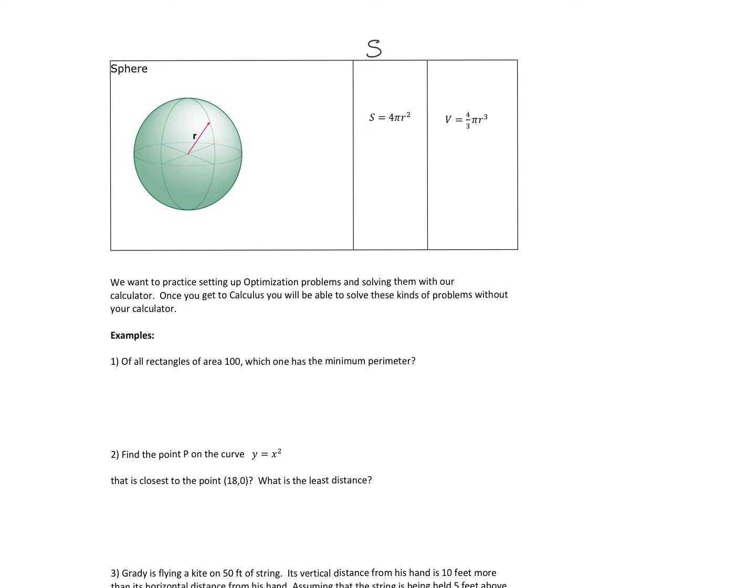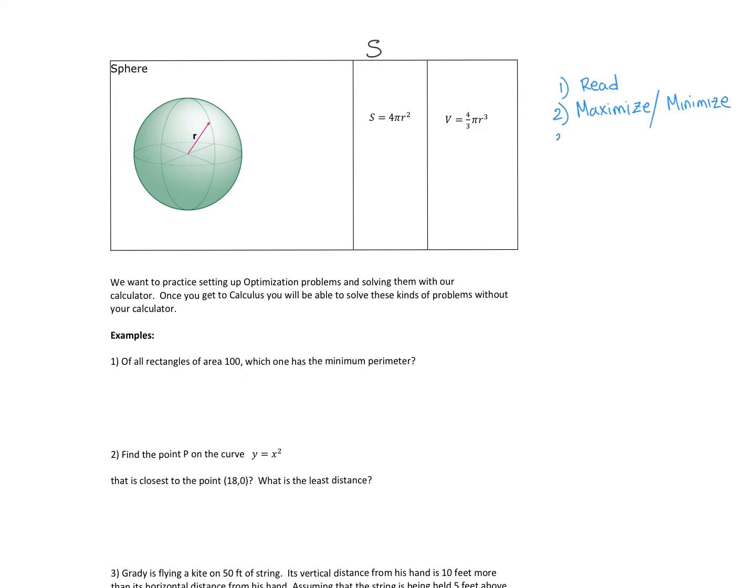As always, when you're solving a word problem, you should always read your question fully. And in order to do that, we want to find out what are we trying to maximize or minimize. Right? That's what we're trying to optimize.